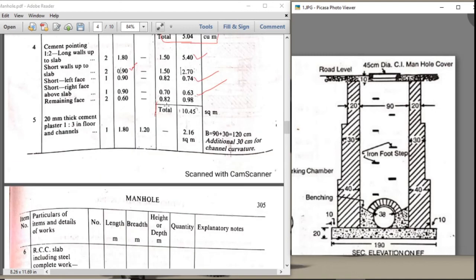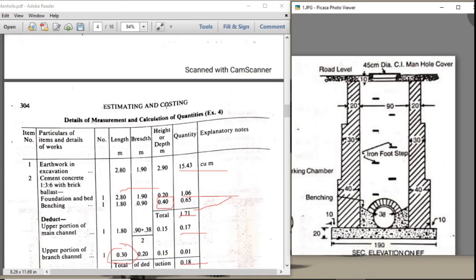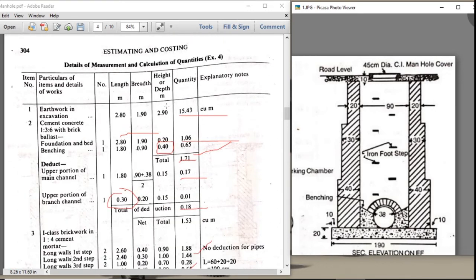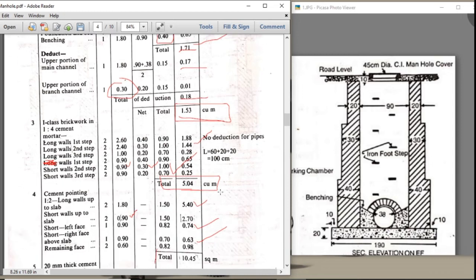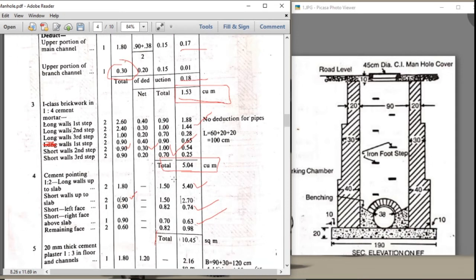Now we have calculated the items in the measurement form. So what is the earthwork? 15.43 cubic meter. Cement concrete 1:3:6 with brick ballast, only the net total you take, 1.53 cubic meter. Next, first class brickwork, it was 5.04 cubic meter.